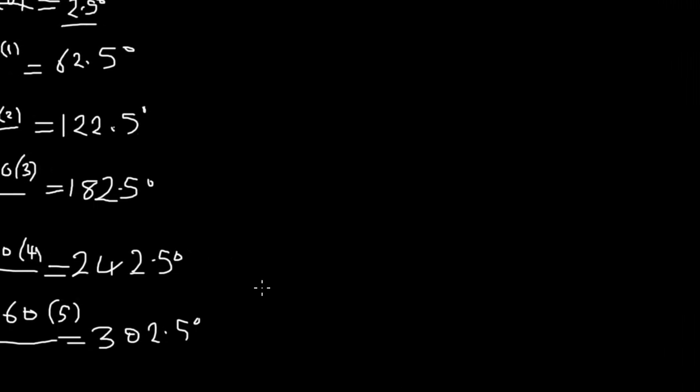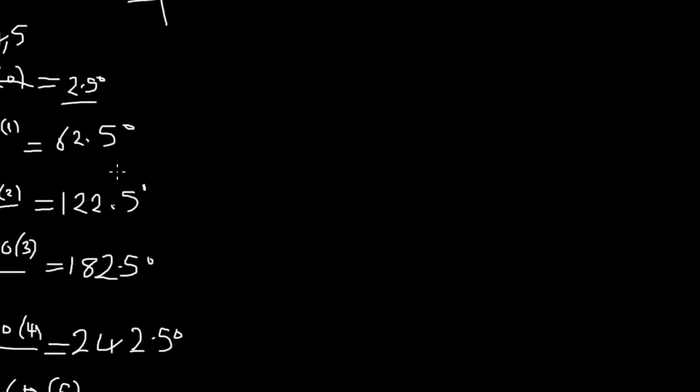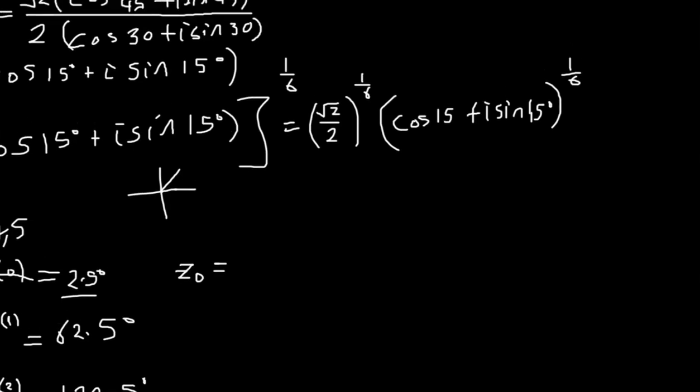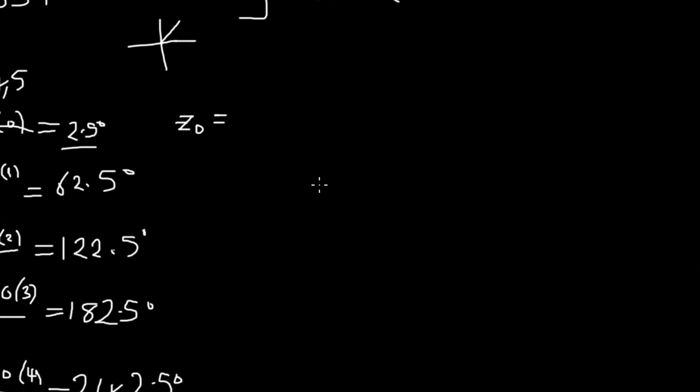So when K is equal to 0, my Z0 is going to be like this. What is my magnitude? Let me check the magnitude. The magnitude is the root of 2 over 2, then everything to the power 1 over 6.